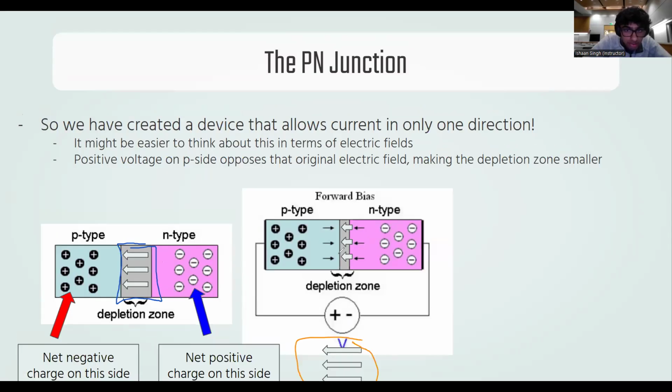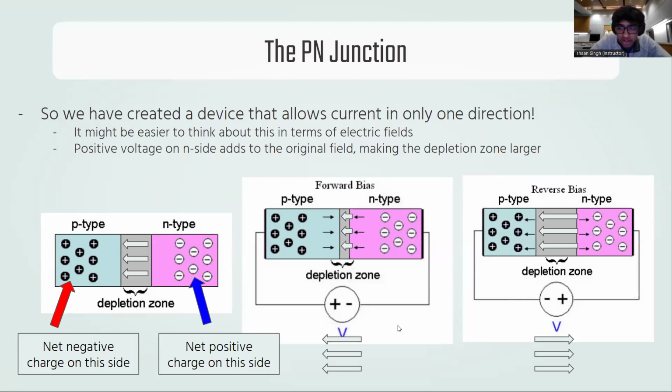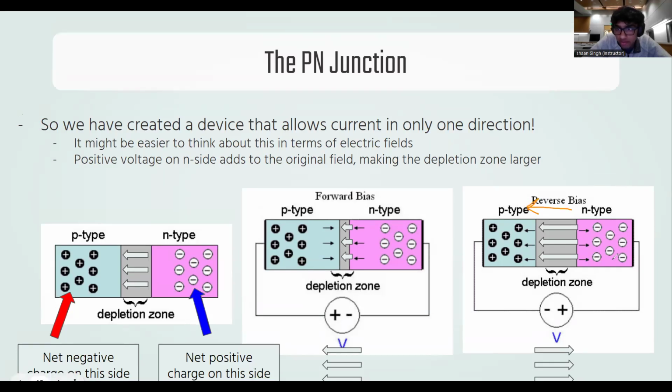If I take those arrows and move them into here, those arrows point in this direction, and that decreases the size of these arrows. So that electric field becomes much weaker, and the size of the depletion zone decreases. For the same reason, if I have the electric field applied in the opposite direction, I increase the strength of the electric field in the depletion zone, and I increase the size of the depletion zone. Because remember, that's what this direction of this arrow goes.